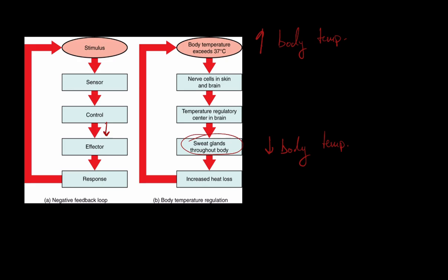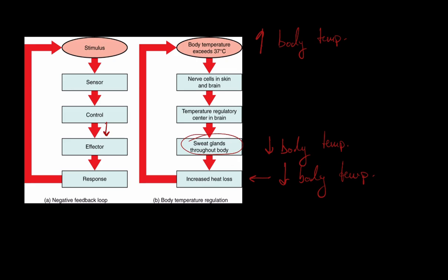You'll have lots of blood flow to the skin, and this is in an attempt to dissipate some of that excess heat. Again, in an attempt to increase the amount of heat that we're losing, which again is going to decrease our body temperature, right? So one important trend, or one thing that you'll see for negative feedback, is it's always the response, right?